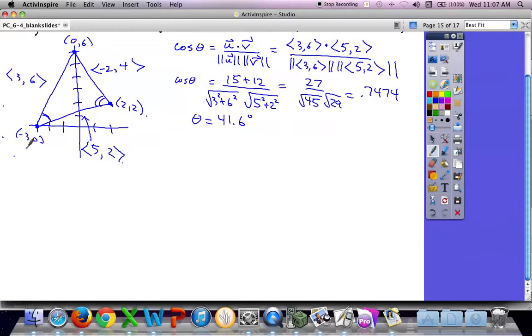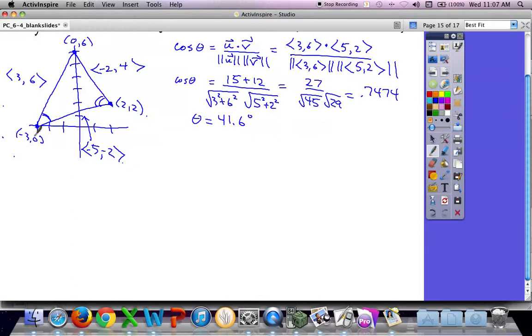We found the reverse of it, and it was <5, 2>. So what will this one be? Negative 5, negative 2. Make sense? Because now we're subtracting -3 minus 2, 0 minus 2: terminal point minus initial point.